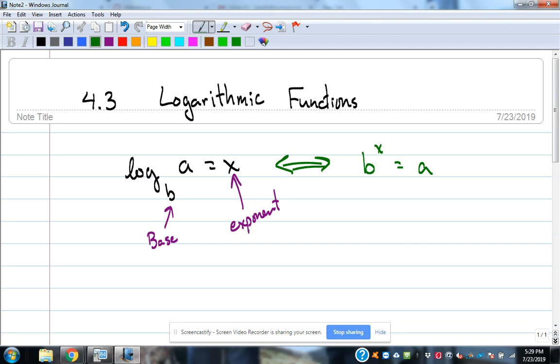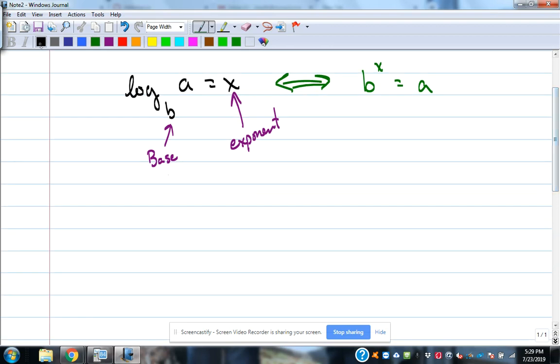So that's the first thing we're going to talk about, is rewriting those. So we're going to write the log as an exponential. We're going to take a log statement and turn it into an exponential statement.